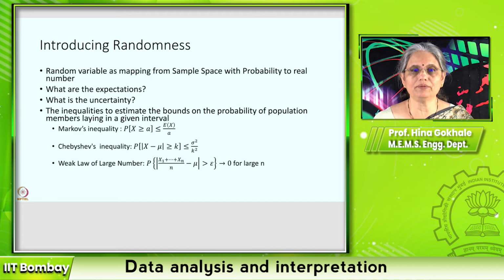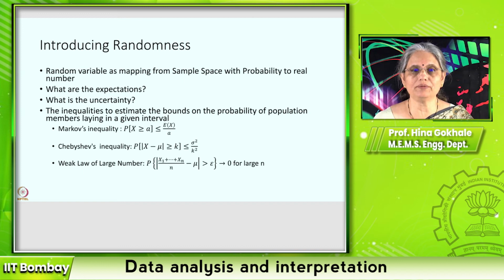So let me take a little bit of time to explain the random variable the way we have defined it, and that is why I call it an introduction to randomness. The random variable is always connected with a probability. It is a sample space with a probability mapped to a real number. So it is a number, but it has a probability attached to it.